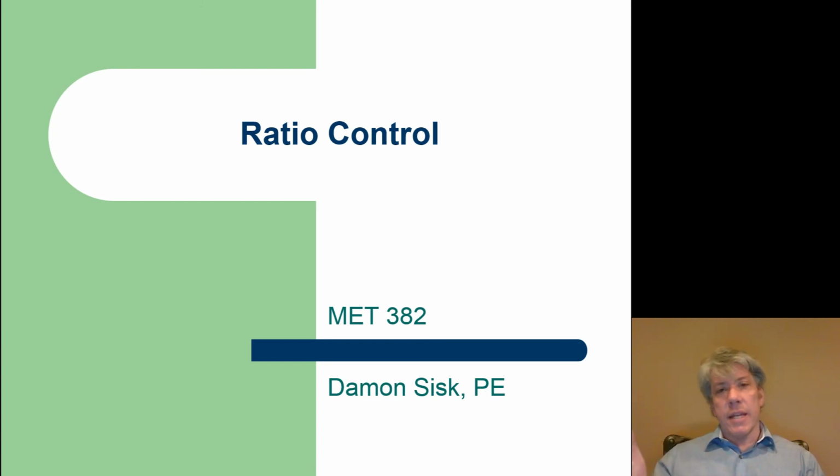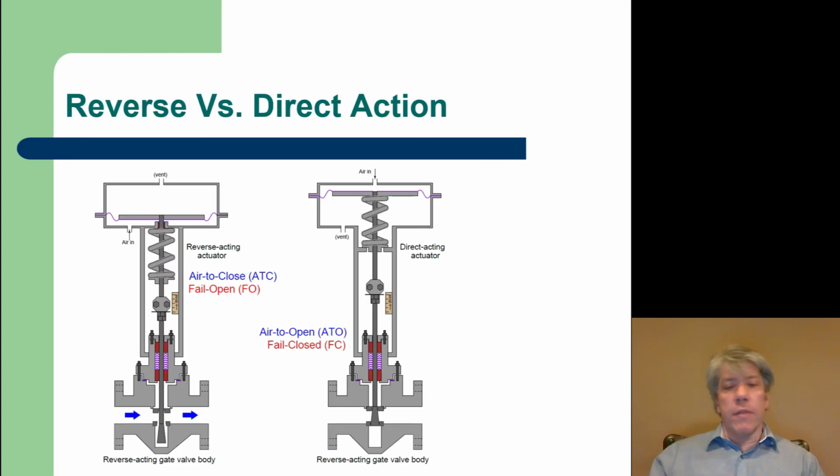On the right hand side, that valve, we're putting air in from the top, which pushes the diaphragm down, choking off flow. So increasing air pressure decreases the fluid flow through the valve body, and that would be what I would term a reverse action. On the other hand, the valve body may be made differently, such that on the left-hand side, when we put air in beneath the diaphragm, it pulls up, and that actually pulls the stopper into the valve body and decreases flow.